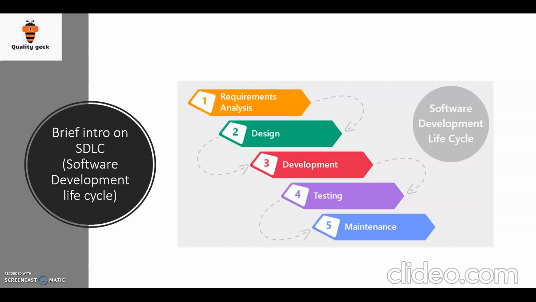So development is the phase where the code is developed, the actual application code is developed, and then comes the testing part. So we are going to concentrate more on testing. We are going to discuss more on manual testing phase, which is the fourth phase in this particular diagram. So next comes the maintenance testing. So once the application is released to the customer, maintenance testing comes into picture. So let's move ahead with the next slide.